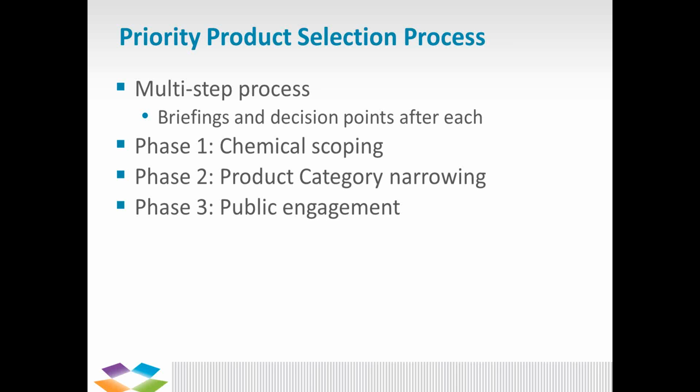We will be, in the next year, doing more public engagement when we start narrowing these categories and having discussion, because what we found, certainly with our first 3 products, is that once you put something out there specifically, a lot of information comes out that you weren't aware of, that might not have been in the public domain.